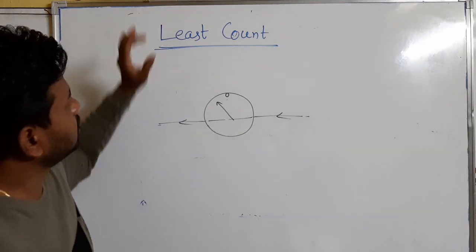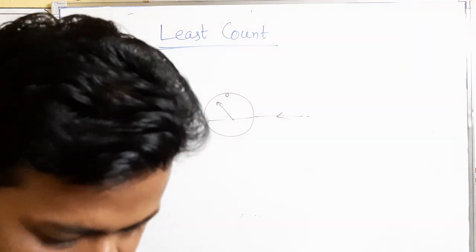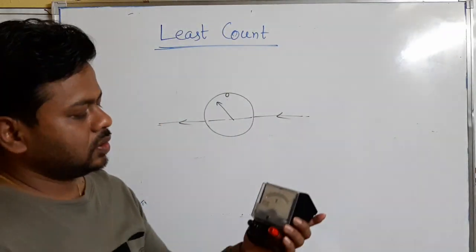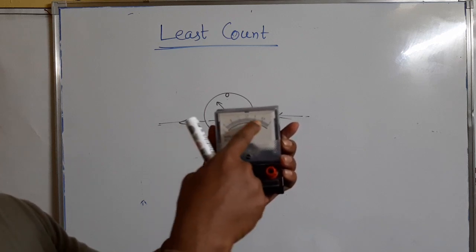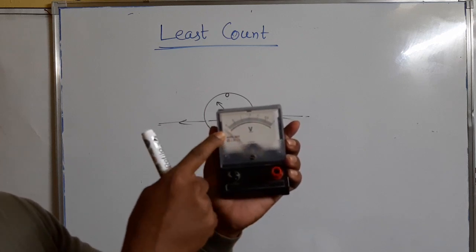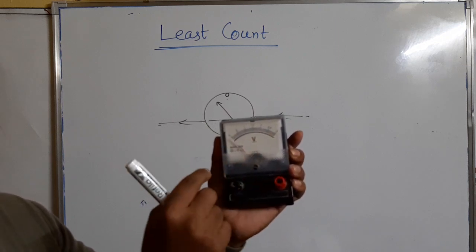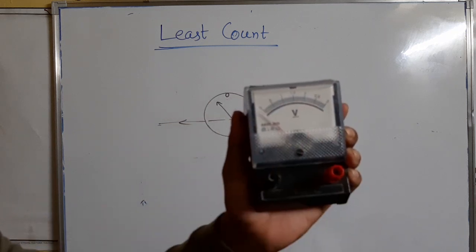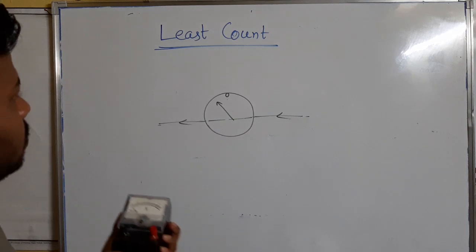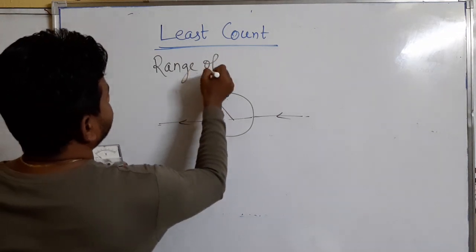Okay, but our purpose is to find out the least count. Students, this is the voltmeter. In the voltmeter you can see the needle is at 0. From minimum to maximum, it goes from 0 to 3. That is called the range of the instrument.